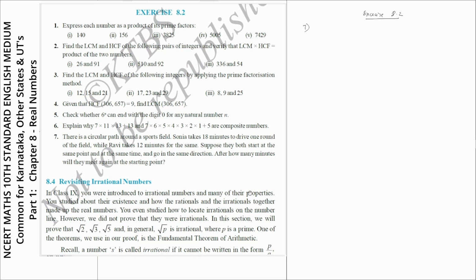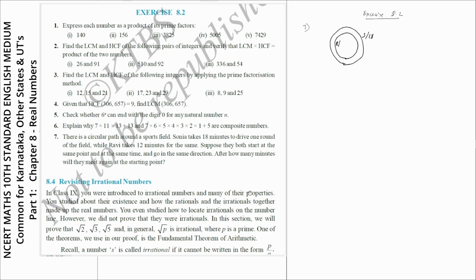So there is a circular sports field, and Sonia takes 18 minutes to drive one round like this. Ravi takes 12 minutes for the same. If Ravi also starts from here, Ravi takes only how much? 12 minutes.